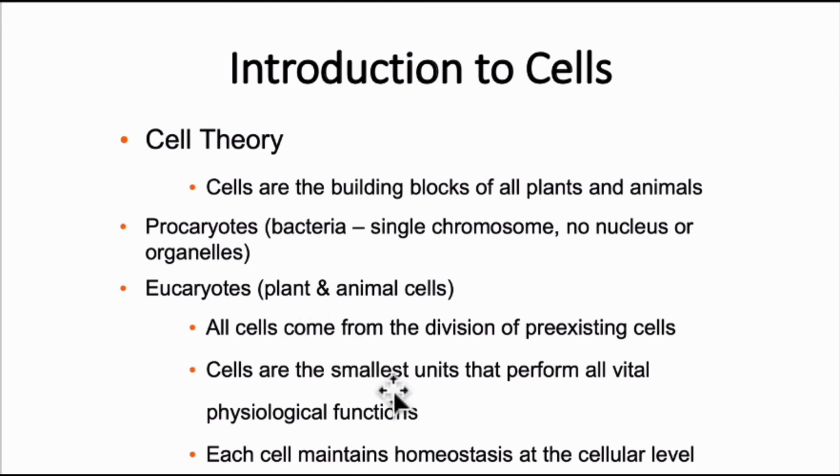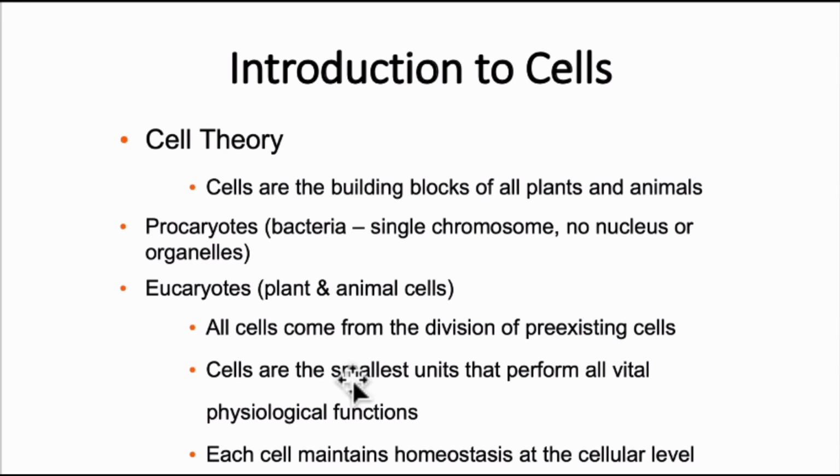When we look at the two different divisions of cells, there are prokaryotes and eukaryotes. Prokaryotes are the very primitive cells. This is just bacteria. Their DNA is a single circular piece of genetic material, and they do not have a nucleus. They don't have a membrane-protected enclosure to protect that genetic information.